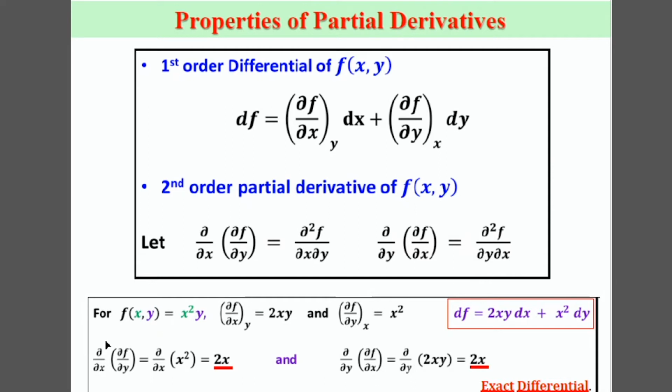Now, for a function like this, you see the first differential was 2xy, we just now discussed, and the first differential with respect to y, keeping x constant, was this.